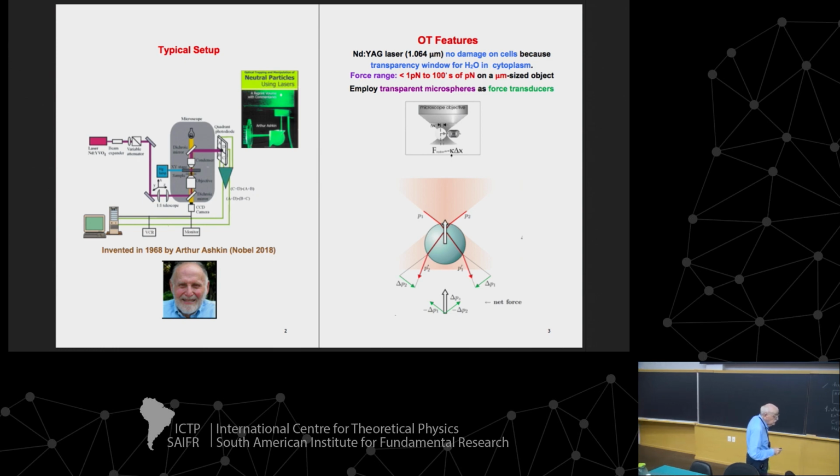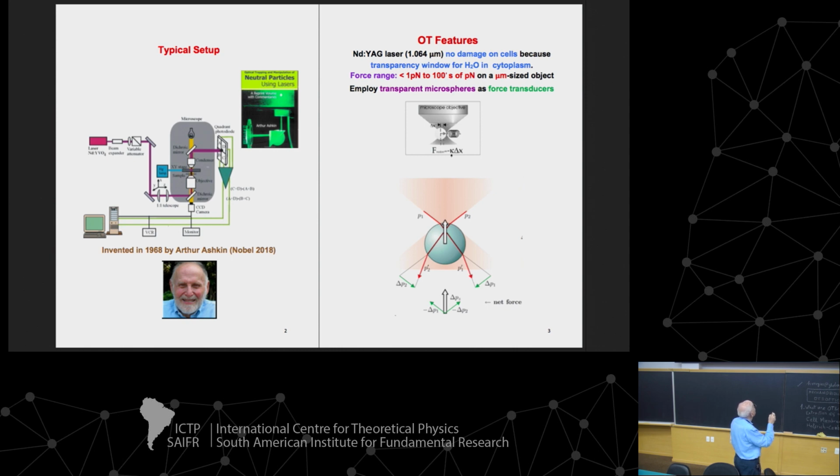Now, how do you apply optical tweezers? Well, first, the orders of magnitude for their features. As I already said, you use a neodymium YAG laser typically, that's 1.064 microns, because it is a transparency window for the water in the cytoplasm.